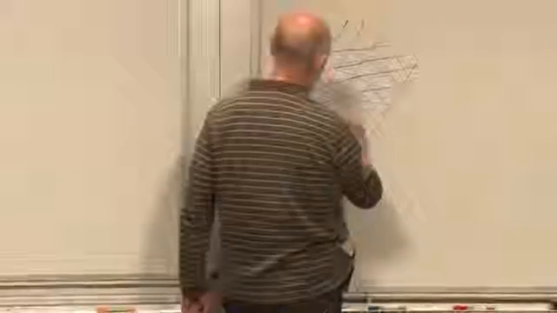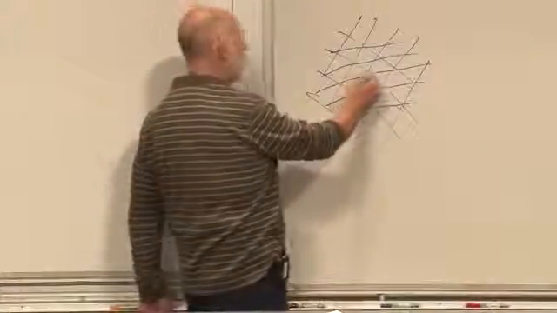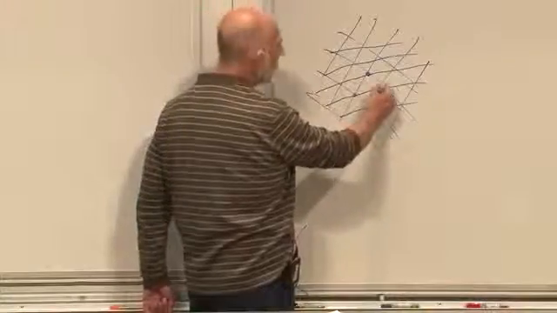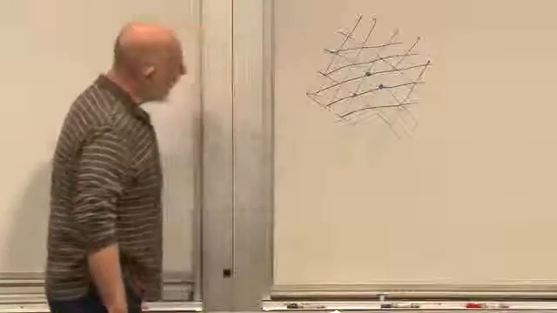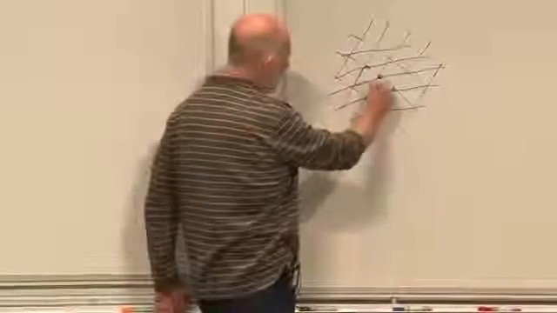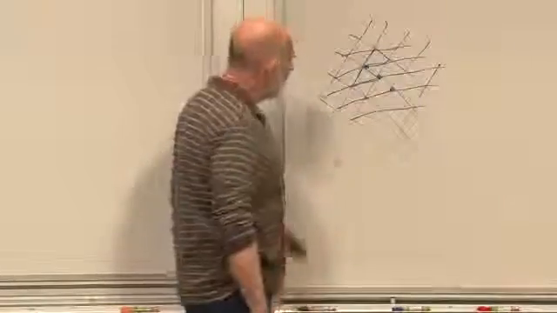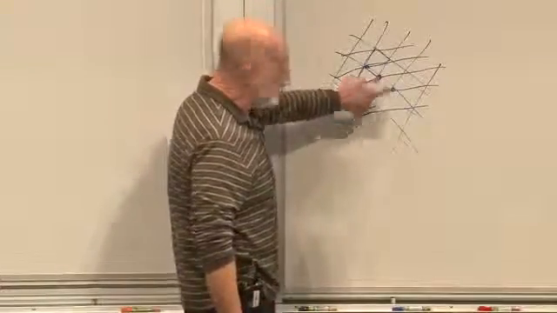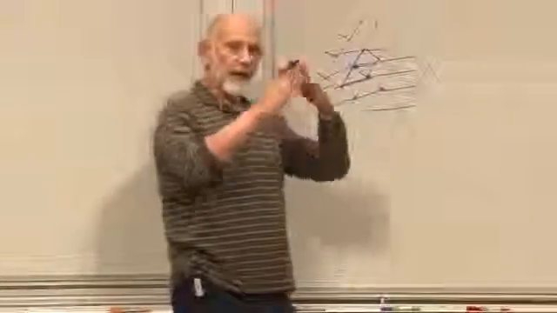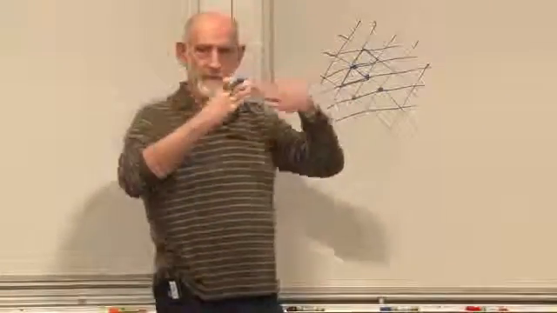A triangular lattice. That's a triangular lattice. It's built up out of triangles. If every triangle is an equilateral triangle, these are all equal, then imagine that the nodes here are like hinges.